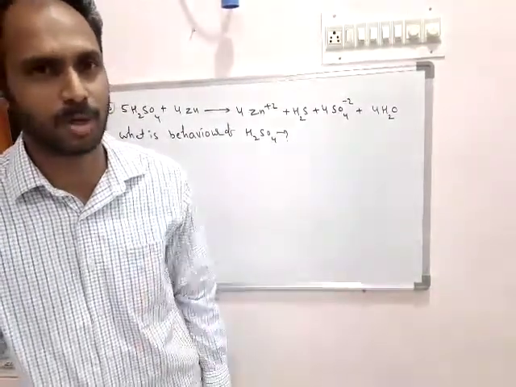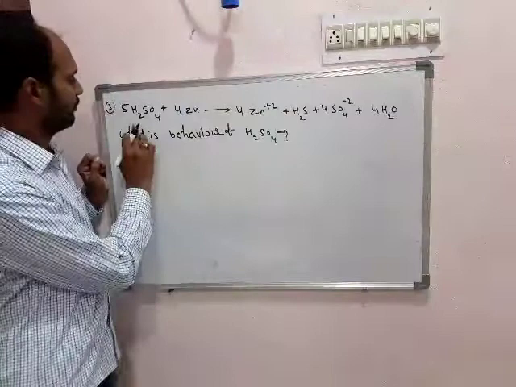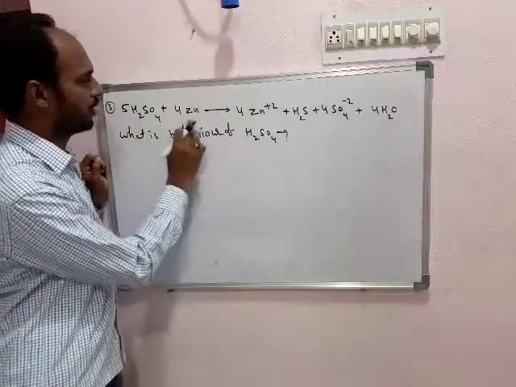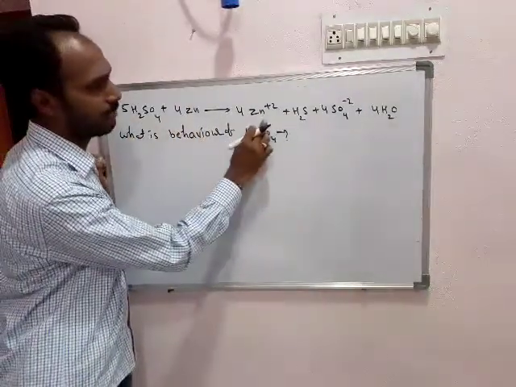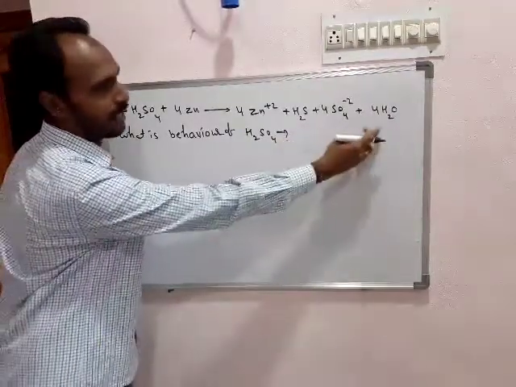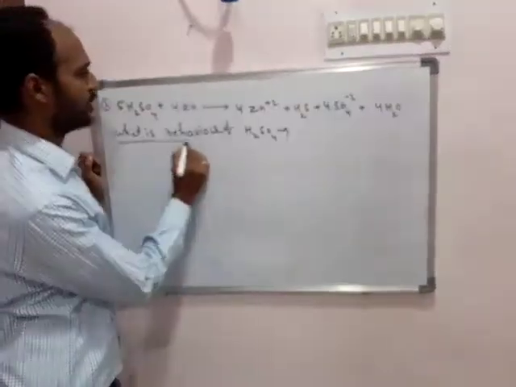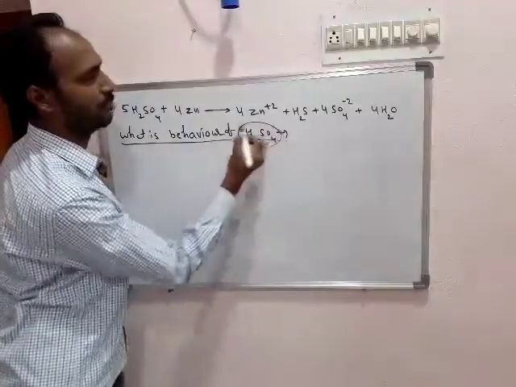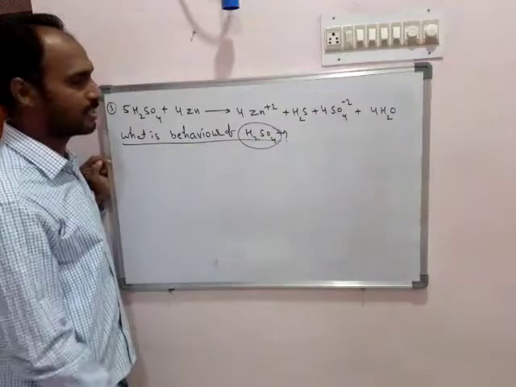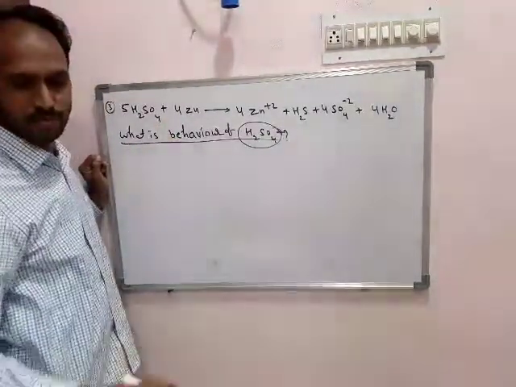So let's see the other problem, the third one now. Here the reaction is given: 5H2SO4 plus 4 Zn gives 4 ZnSO4 plus H2S plus 4 H2O. So the question is to find the behavior of H2SO4. What is the behavior of H2SO4 in this reaction? We know that H2SO4 has different characters.